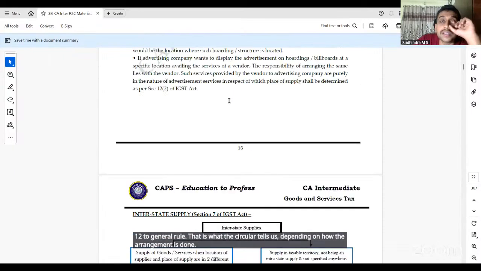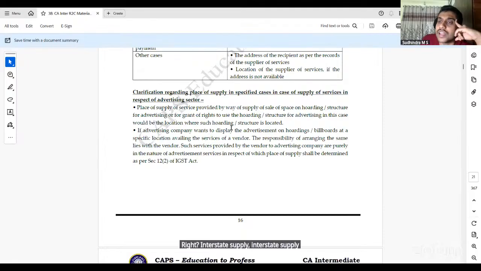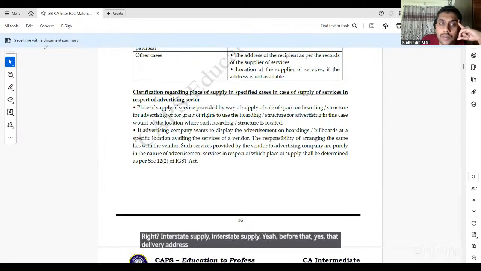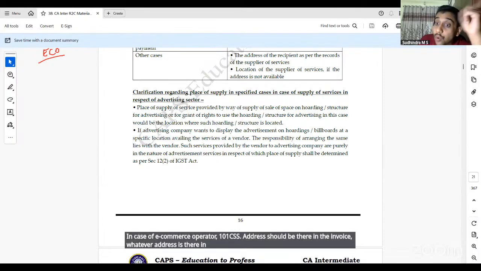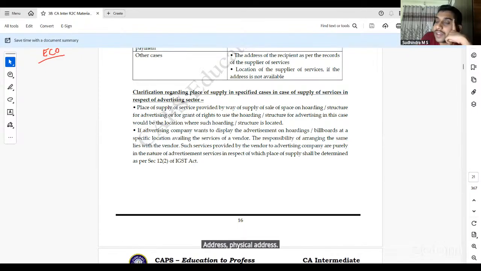Interstate supply, intrastate supply. Before that, the delivery address and billing address. In case of an e-commerce operator, 10(1) CA says the address should be there in the invoice. Whatever address is there in the invoice should be considered. What if the delivery address and billing address are different? Which address is to be considered? Billing address. 10(1) CA focuses on billing.